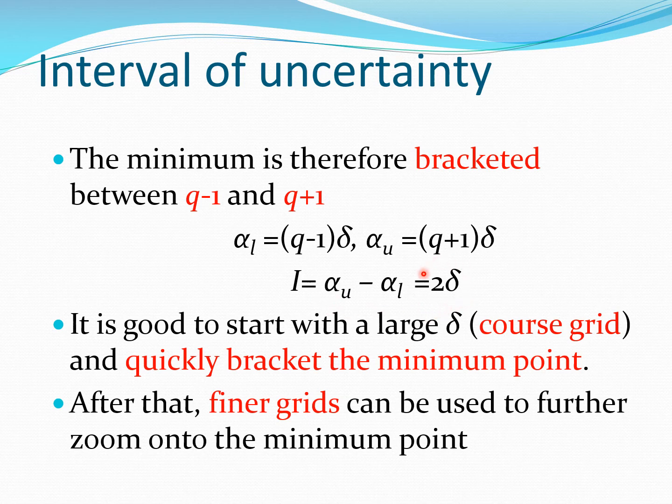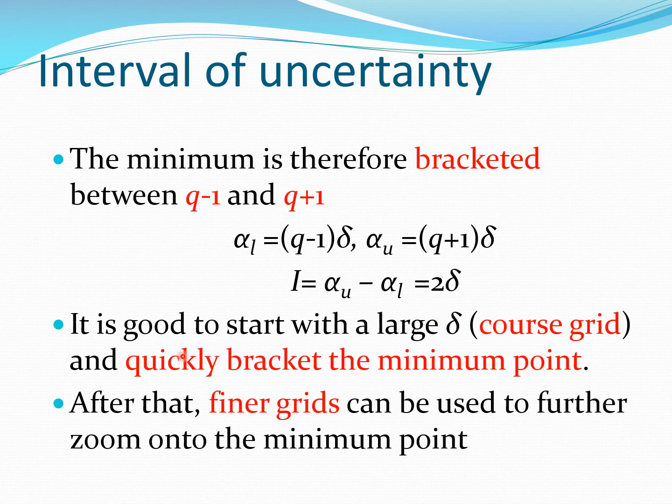So essentially from this you can see that the value of I, or how large it is, would be directly proportional to delta. Now, if you were to start with a very small value of delta, then you have to do a huge number of function calculations before you zoom into the minimum point or you bracket the minimum point.